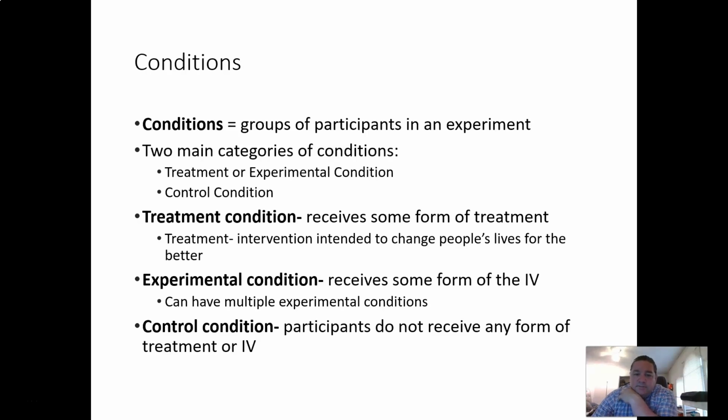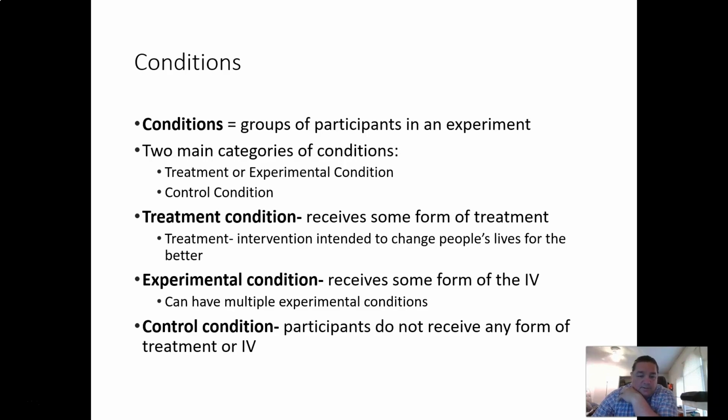So conditions. Conditions are the groups of participants in an experiment. Usually there's two main categories of conditions: treatment or experimental condition and control condition. The treatment condition receives some form of treatment intervention intended to change people's lives for the better. In the experimental condition, people receive some form of independent variable, and you can have multiple experimental conditions, just like we were talking about on concentration and changing the room temperature.